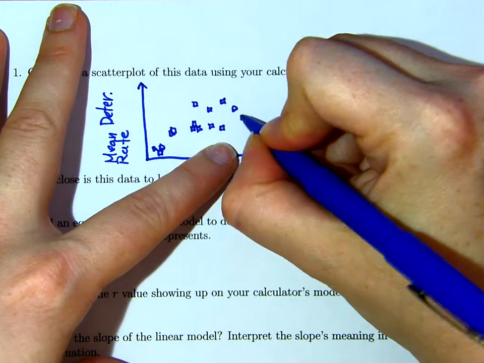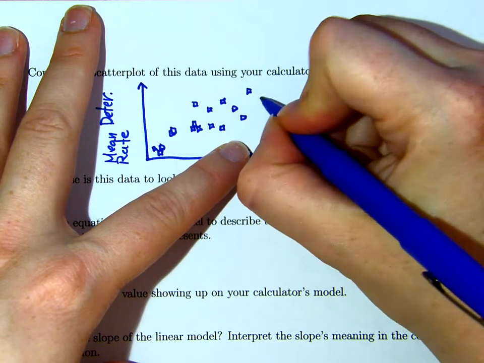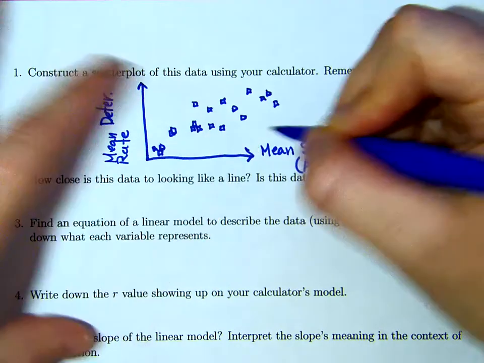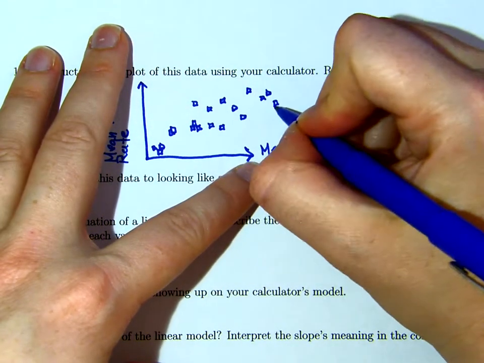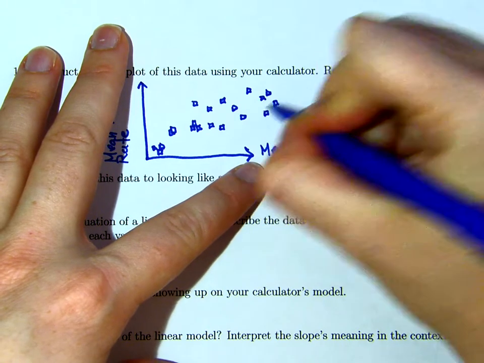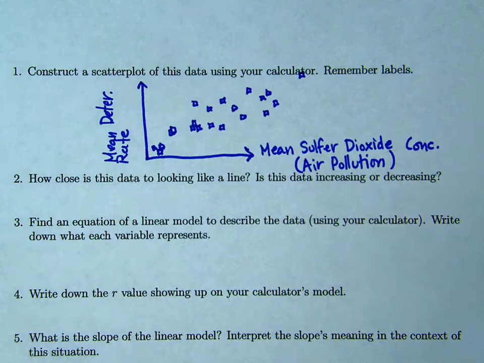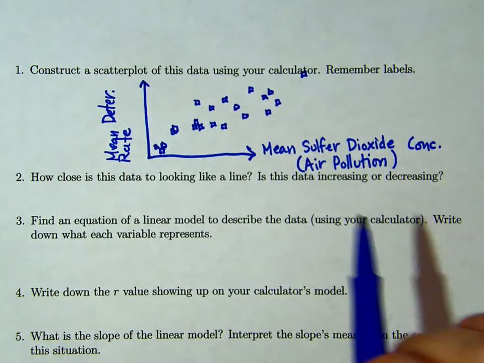Got it, got it. Don't leave anyone out. And you know it's a really rough sketch when I don't even put any markings on my scale. 1, 2, 3, and then 1 down here, and then 1 up here. Okay, there's a rough sketch of my scatter plot and with the labels.